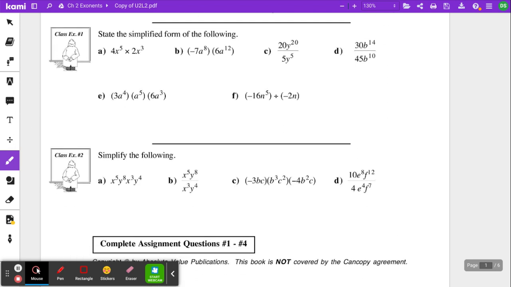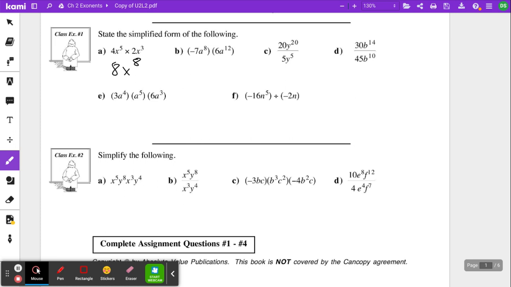Okay. As quick as you can, tell me A. Right now, go. I need speed, people. Hannah, what's the answer to A? 8x 8. Okay, I'm just going to call names. Jonah, what's the answer to B? 6 times 7?